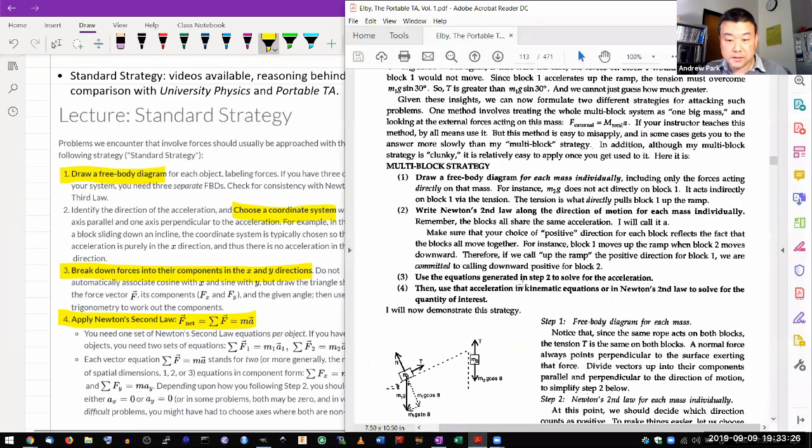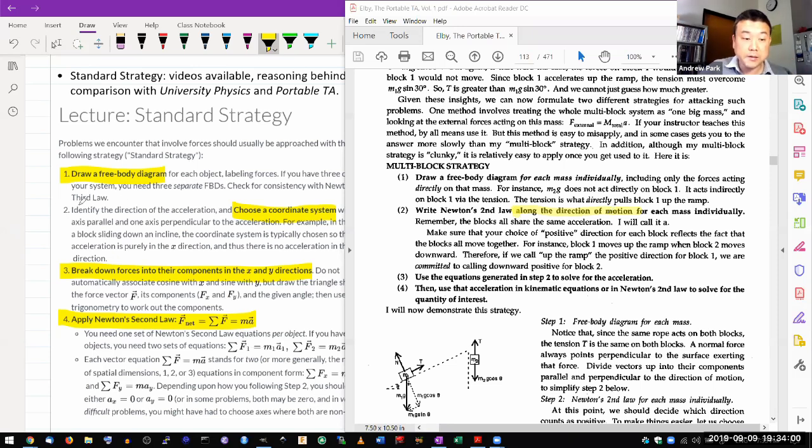And in his instructions too, Andrew says, I guess in this strategy, he's giving you something that's a bit one-dimensional, because he wants you to write Newton's second law along the direction of motion. So he's imagining defining one axis, the x-axis, along the direction of motion of the mass.